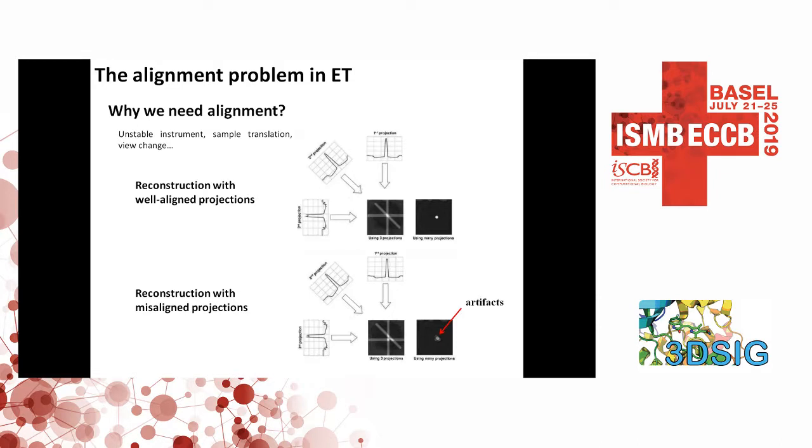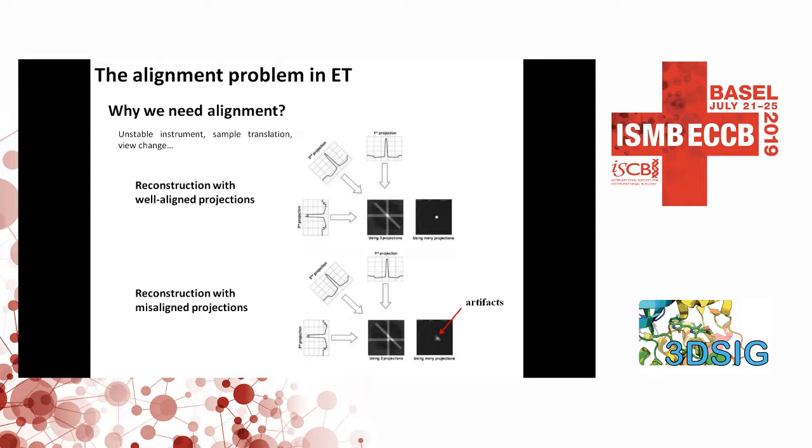So why do we need alignment? Here is an example. For ET, we get a series of projections. If all the parameters are well calibrated, the inverse problem can be solved: if the object is one point, we get a series of projections, solve the inverse problem, and get one point.